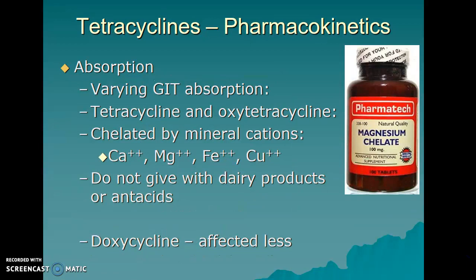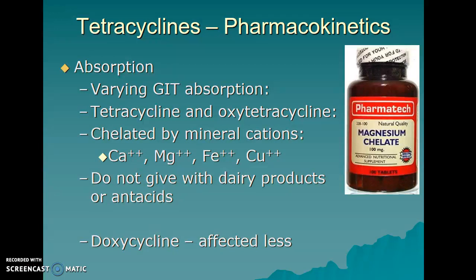So tetracyclines vary in their absorption, especially in the gastrointestinal tract. For tetracycline and oxytetracycline, the hydrophilic ones, they are chelated, so they combine with mineral cations. And these mineral cations are calcium, magnesium, iron, and copper, and you can see they have charges on them. Cations just means positively charged ions, they combine with them and they're not going to be useful.